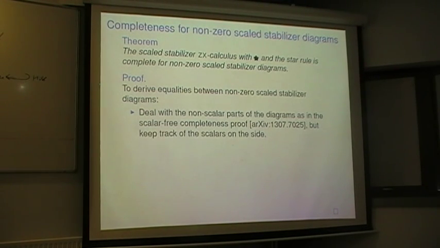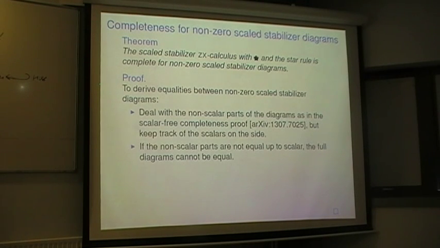Because we have inverses, we can still apply all the rewrite rules that we previously applied. But we just focus on the non-scalar parts to start with, and either we can derive that these two are equal up to a scalar factor using the original completeness proof, or if they're not equal up to scalar factor, then obviously the full diagrams cannot be equal.